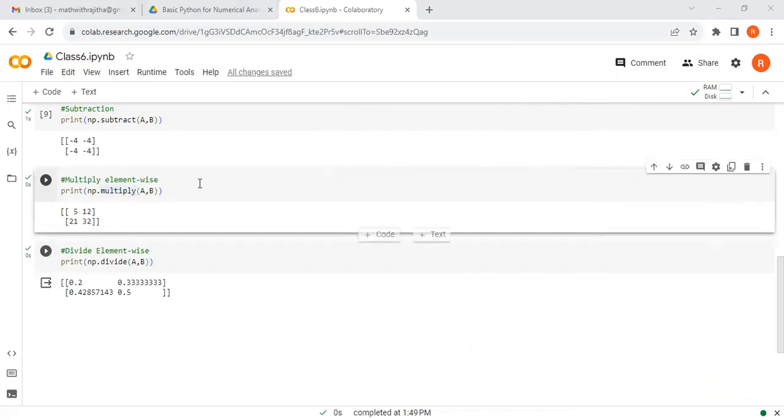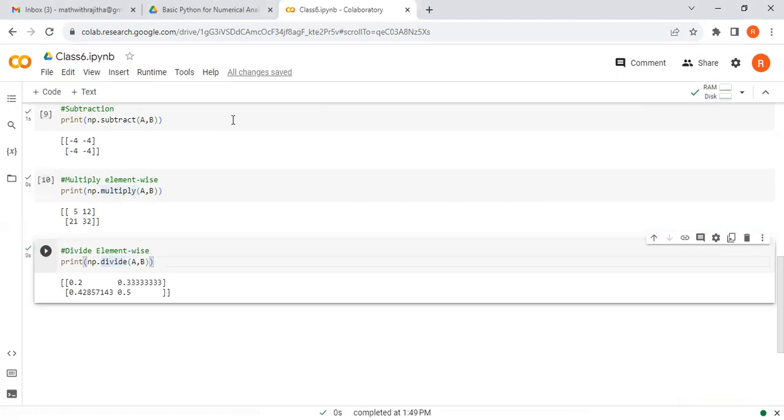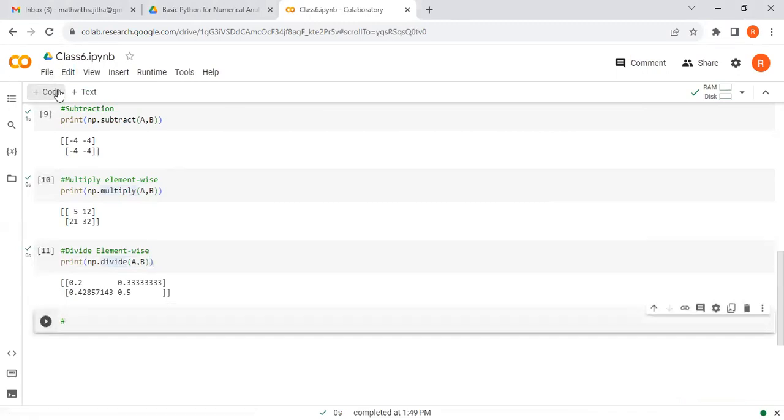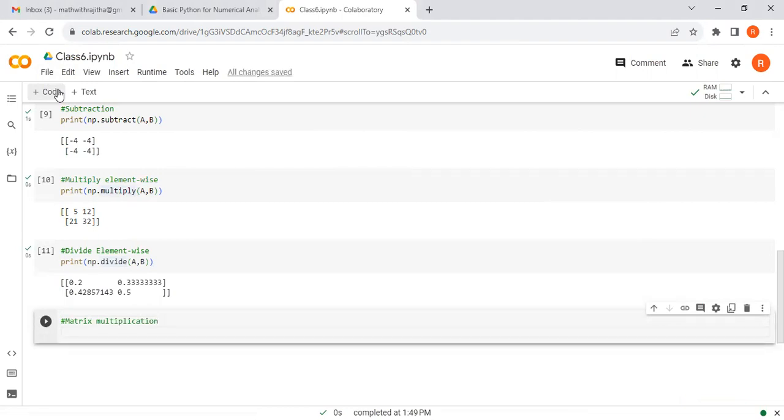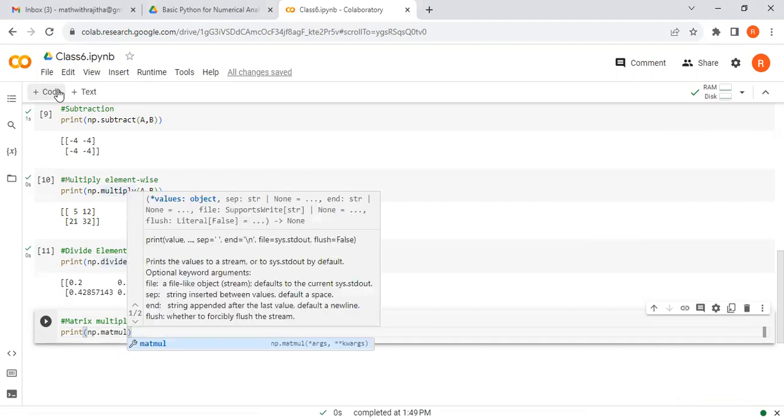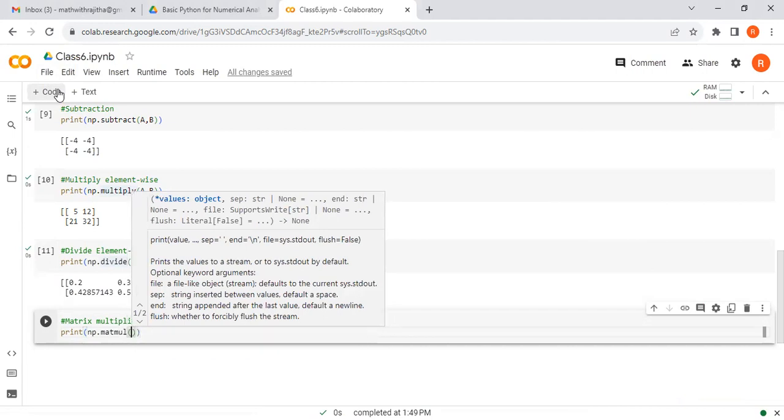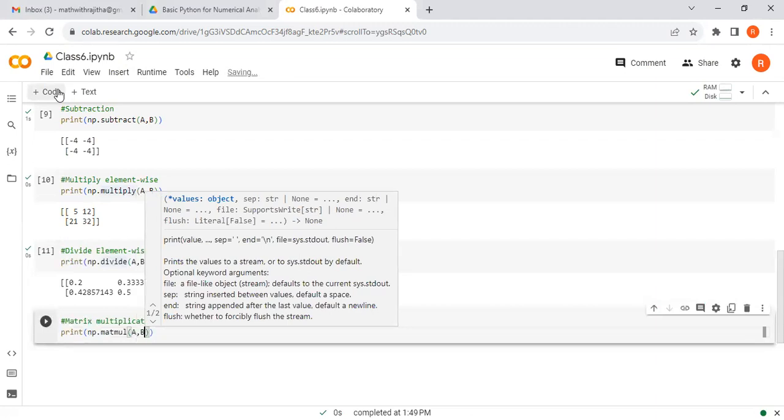Matrix multiplication is np dot matmul. Matmul means matrix multiplication. Print np dot matmul a, b.